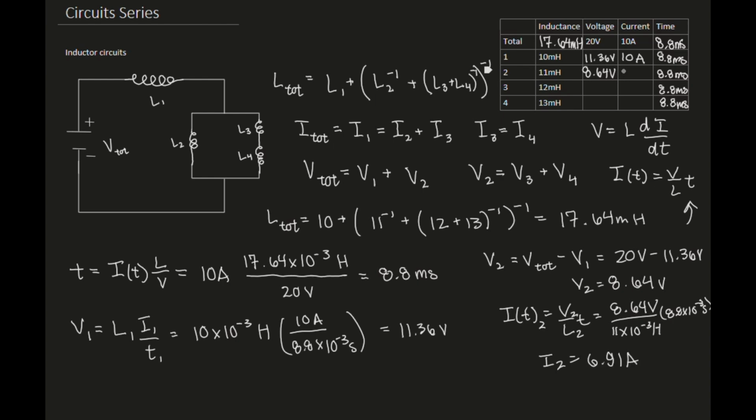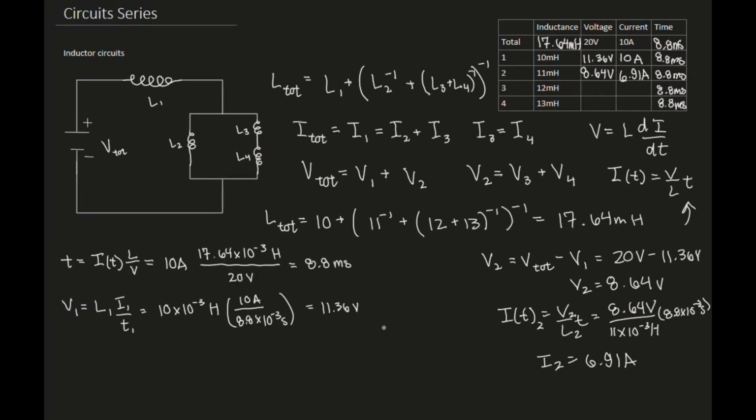So 6.91 amps. I'm going to try and keep everything on the same page here, but I'm running out of room. We can then use what we know about everything to figure out our remaining unknowns. We know that I total equals I1, which is equal to I2 plus I3. So I3 is equal to I1 minus I2.